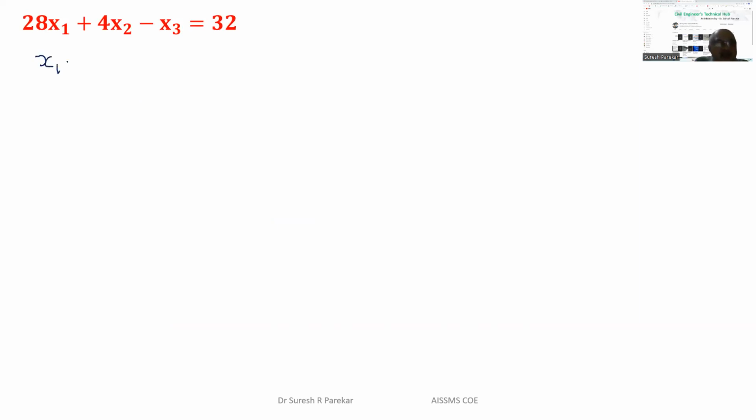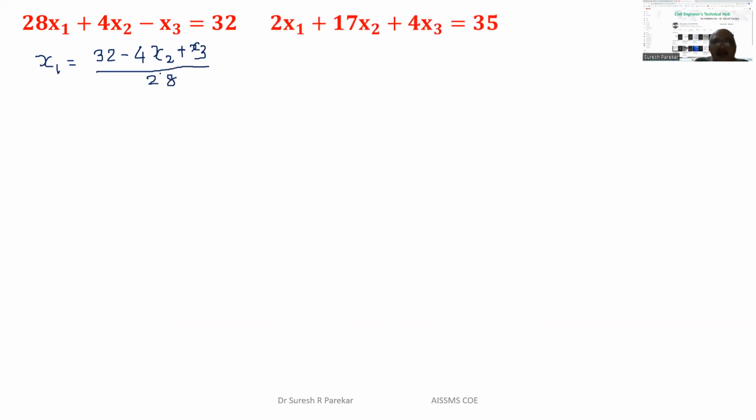So now we will start. In this we are interested in x1. So we have x1 equal to (32 minus 4x2 plus x3) divided by 28. Then from the second, x2 equal to (35 minus 2x1 minus 4x3) divided by 17.